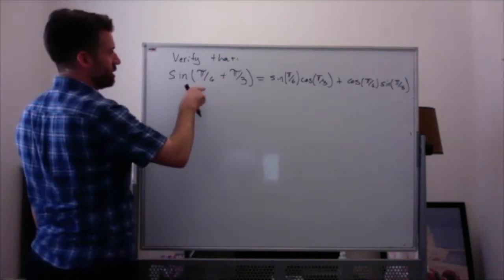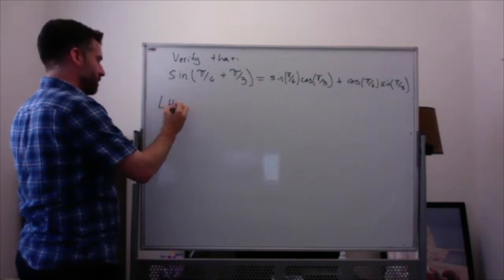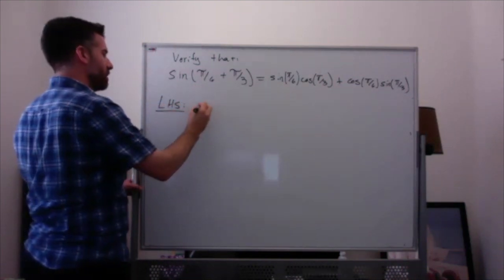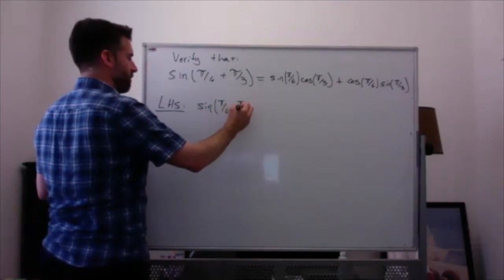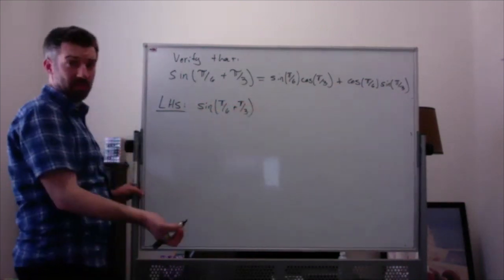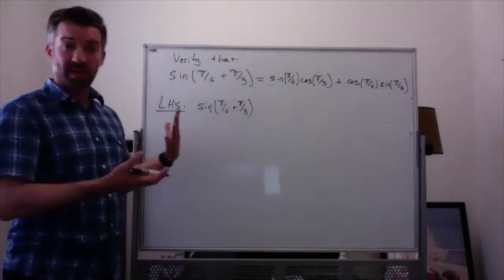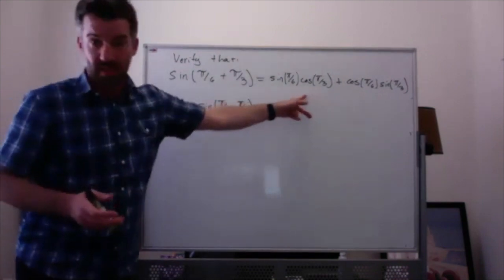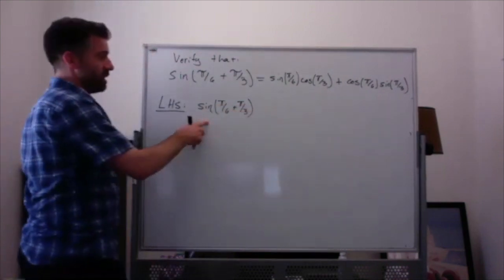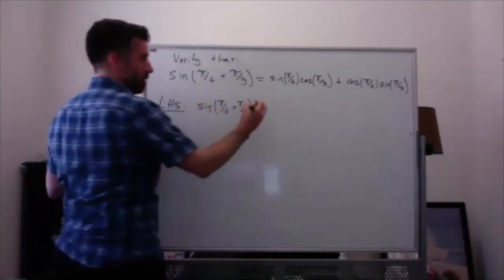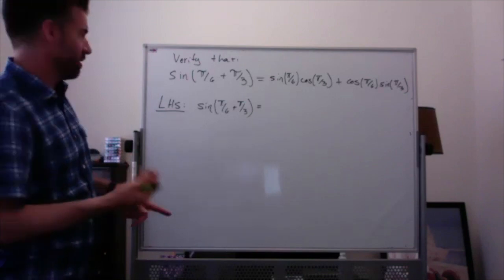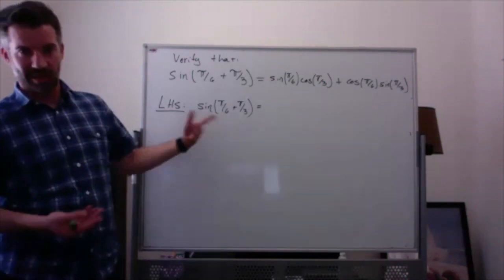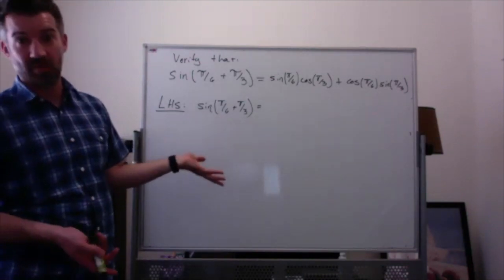So let's do the left-hand side first. Left-hand side is easy: sine of pi over 6 plus pi over 3. There's no way you can break this apart into two different things, so what I'm going to do instead is just add those angles together. You could also think in degrees: that's 30 degrees, that's 60 degrees, you add them together, you get 90 degrees, so it's pi over 2 radians.